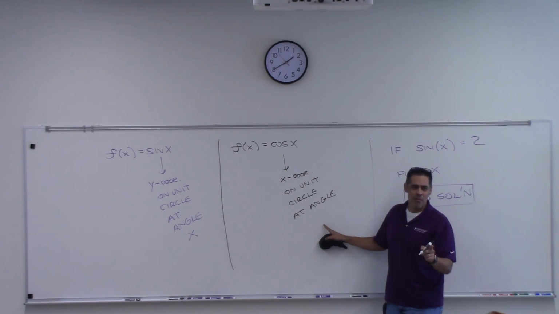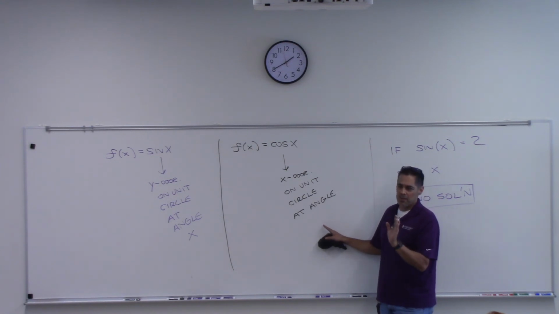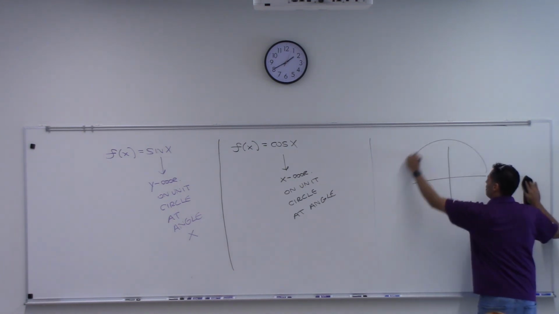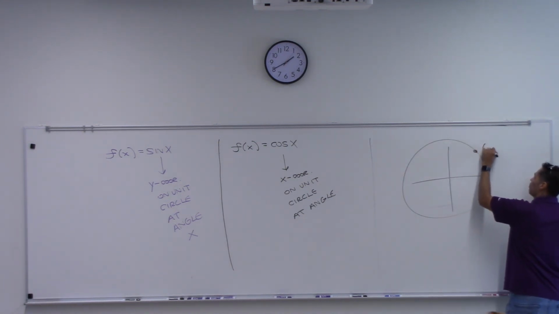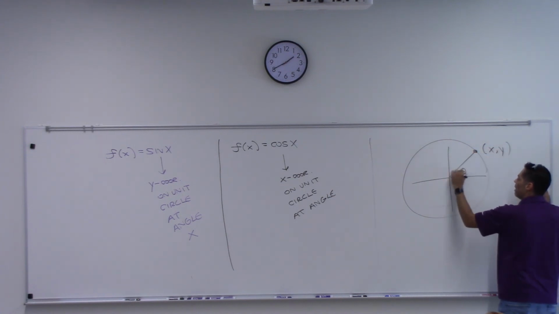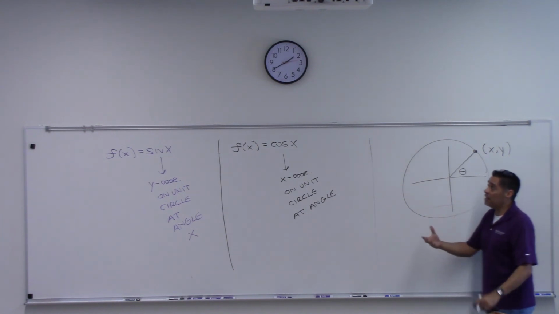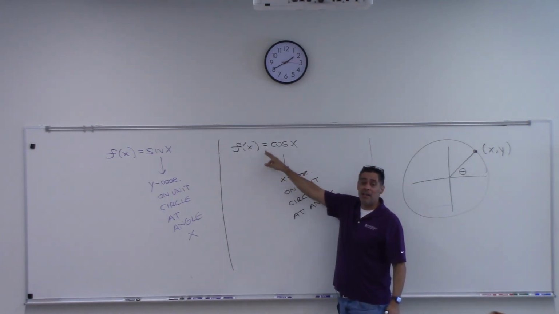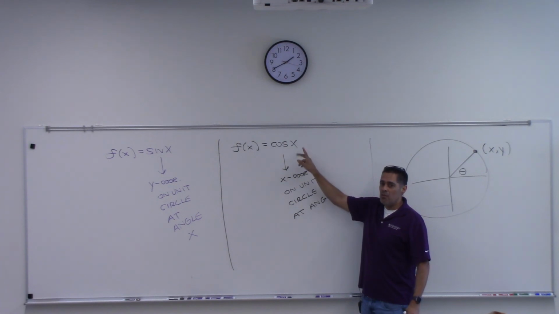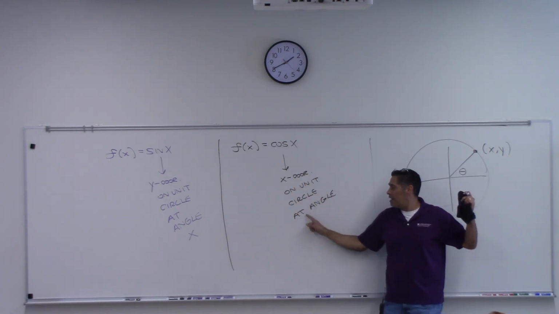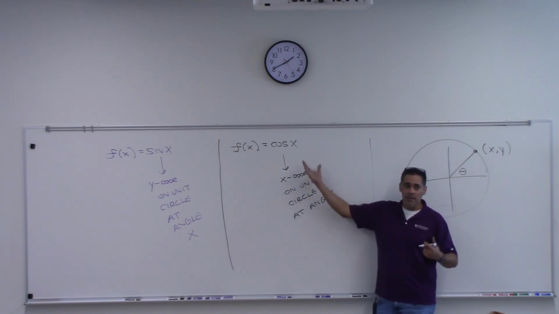This is what I was warning you about. We're using x twice. This is why this is confusing the students. On the unit circle, any point has an x coordinate and y coordinate, and then we call this angle theta. And we know that the x coordinate is cosine of theta. But when I go to graph the cosine function, I want to use x as my input for the angle. So when we say this gives us the x coordinate on the unit circle at the angle, what angle are we plugging in?